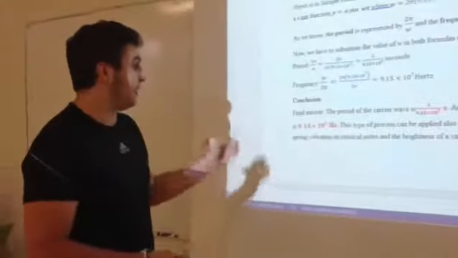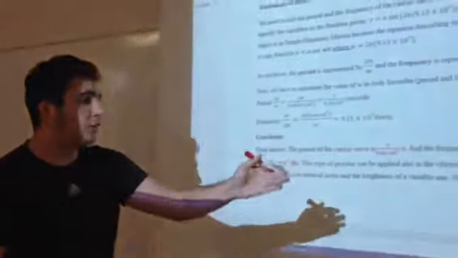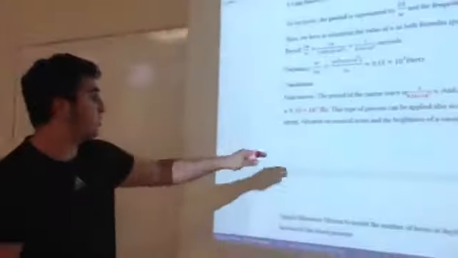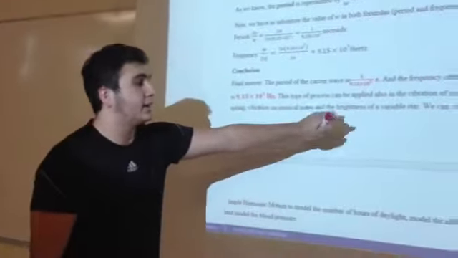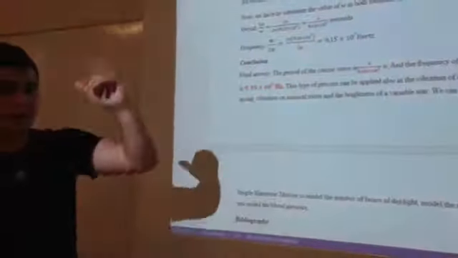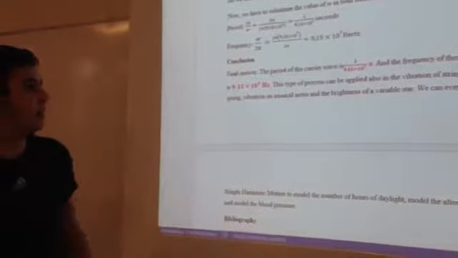We can infer that this type of process can also be applied to the vibration of strings, the vibration of springs, the vibration of musical notes and the brightness of a star, which could make a company go bigger or go higher.